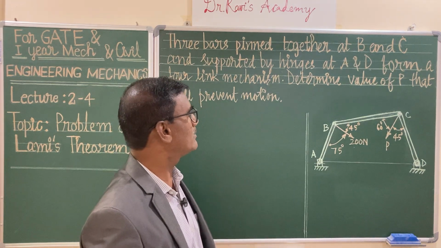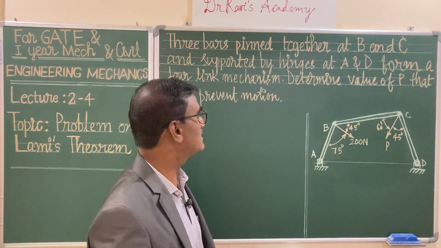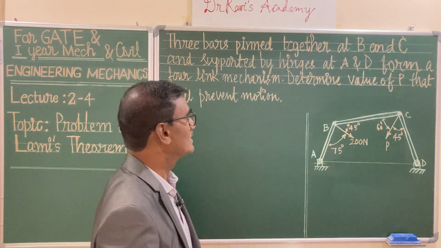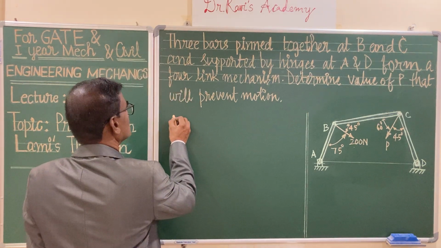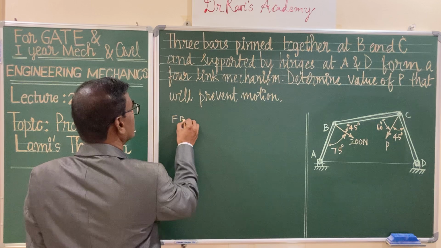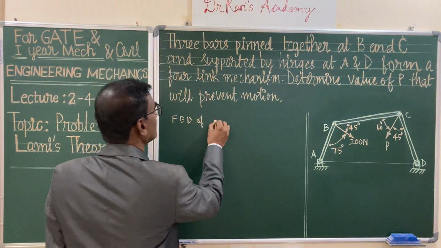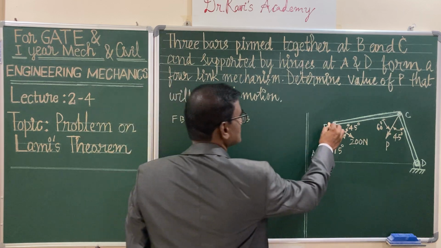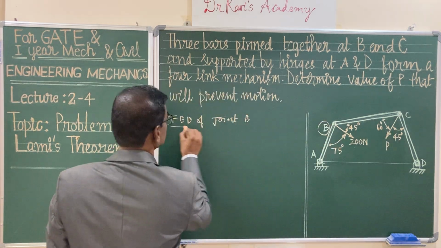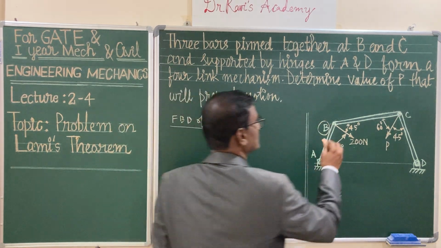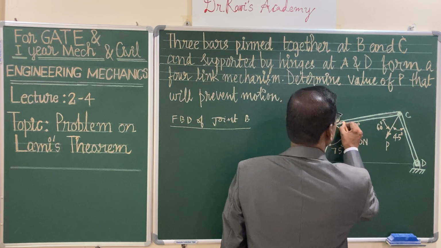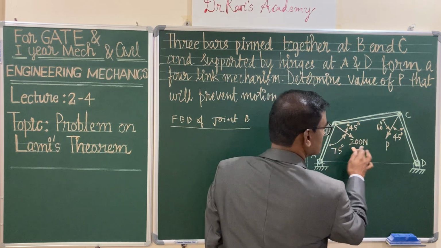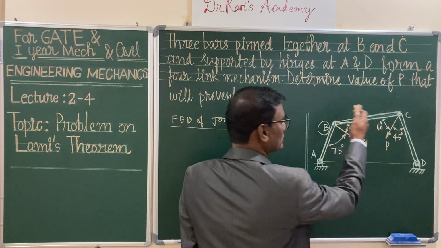This particular problem you have to solve by applying Lami's theorem. So let us draw. First you draw the free body diagram of joint B. This is the joint, right? From the free body diagram of joint B, let us represent the 200 newtons as well as P acting, and the forces developed.